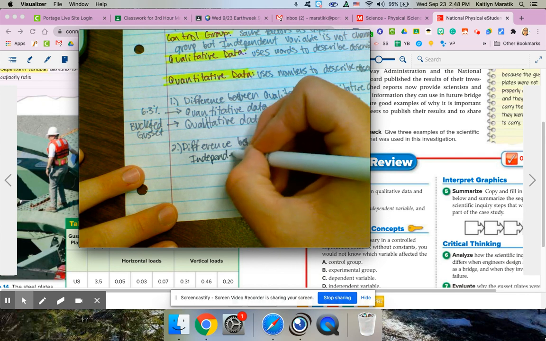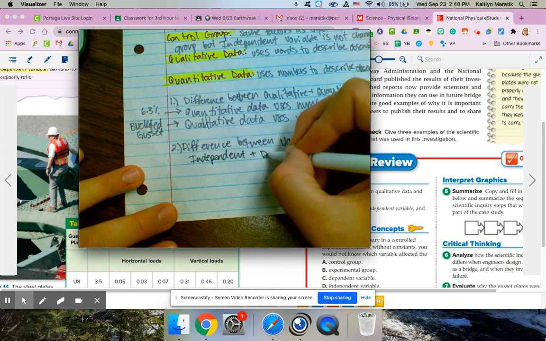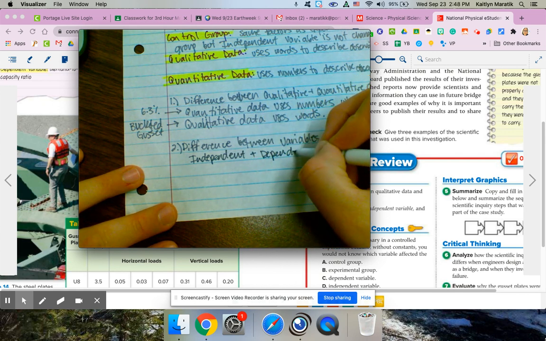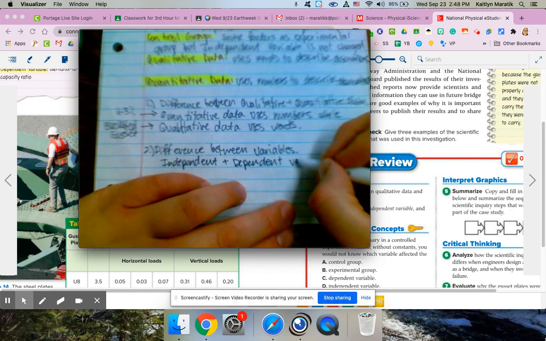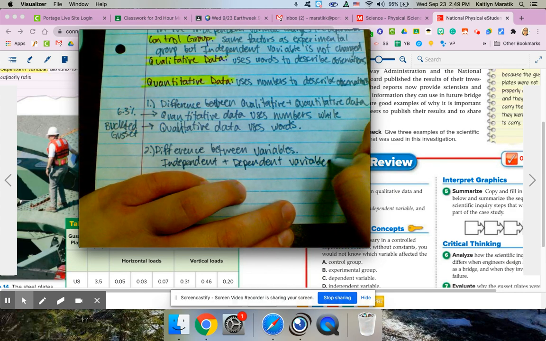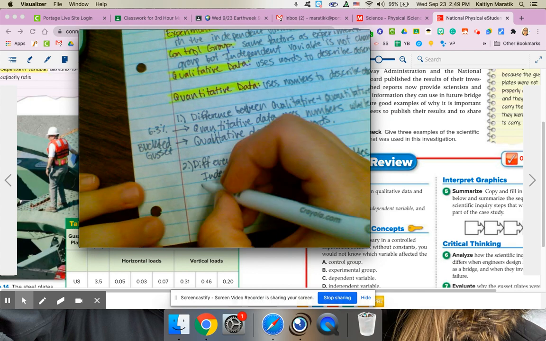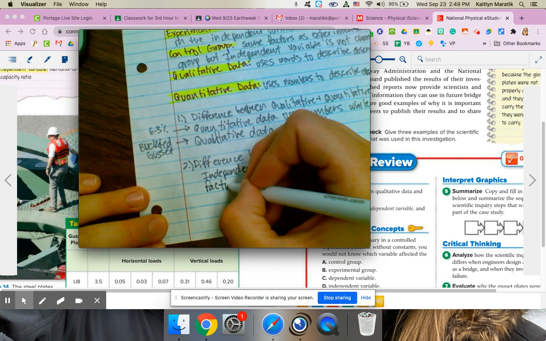Independent and dependent, they're our factors in our experiment.